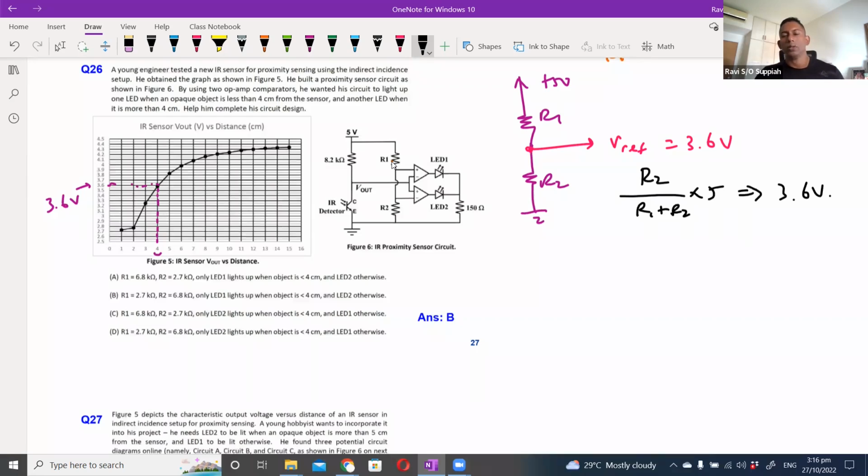Once you understand this, you need to see which combination of R1 and R2 will be feasible. You can see that R1 equals 2.7K and R2 equals 6.8K, the two possible answers, so either B or D, correct? Because both of these options have R1 as 2.7K and R2 as 6.8K, so both of them will give me a reference voltage of 3.6 volt.